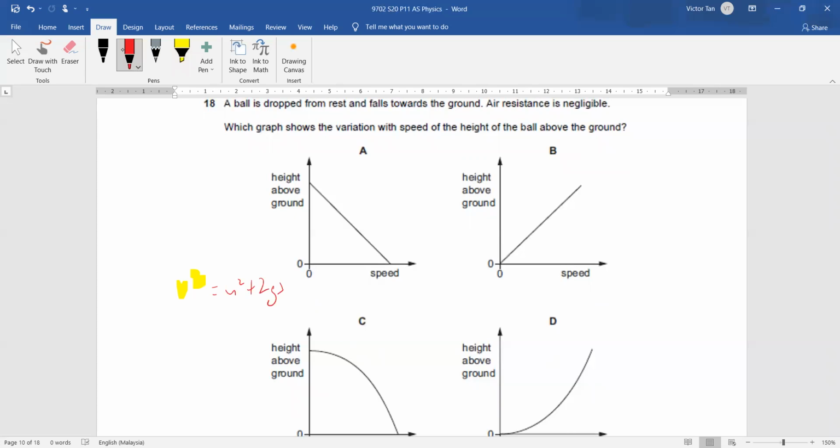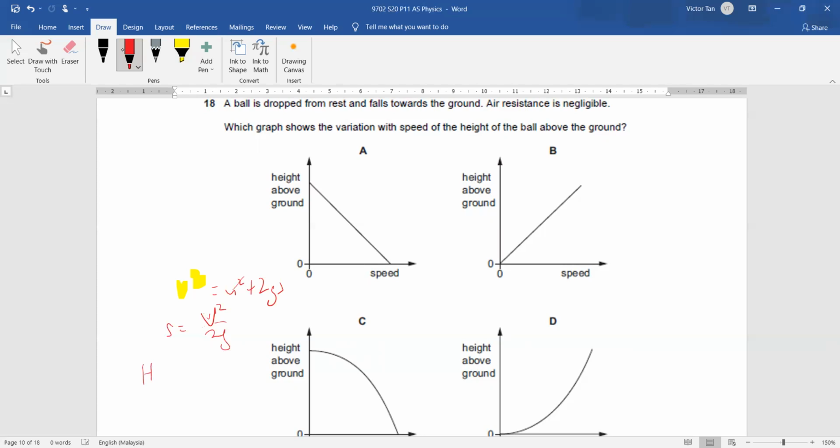So it is height and speed. u is 0, so s would be the distance fallen. S equals v squared over 2g. S is basically the height fallen.